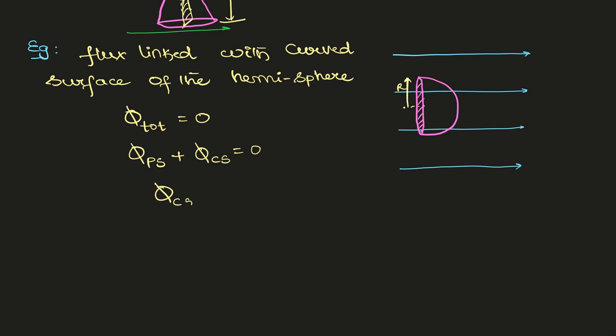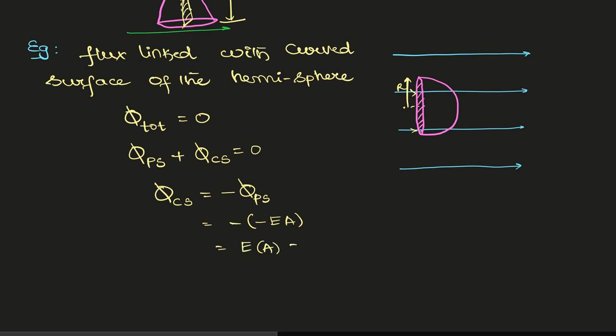So flux linked with the curved surface will be equal to minus of flux linked with the plane surface. As the field lines are entering, flux linked with the plane surface will be negative, that is minus E into A, so the curved surface flux will be plus E into A, and as it is circular in shape, E into pi r square. So you can expect this kind of question based on electric flux associated with any given curved surface. You can follow the same method based on the given shape.